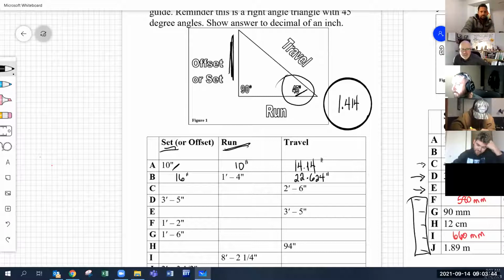So in this case, number C here, we have 30 inches. So 2 foot 6 is equal to 30 inches. Now, this is the travel over here, 30 inches. If I wanted to get the run or the offset, I would simply divide by 1.414.